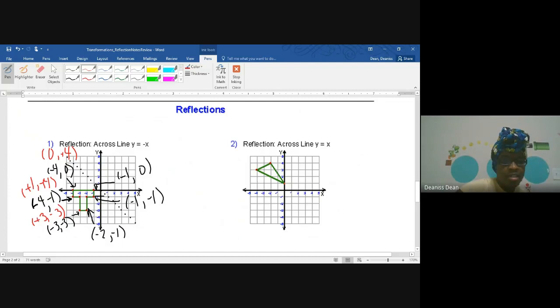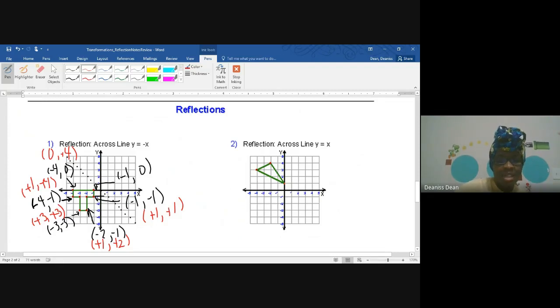Change the signs on both numbers so they both become positive. This one was -2, -1. So it flips to -1, -2. Change the sign so both of them are positive because they were both negative. This one, -1, -1, flips to -1, -1. And they both turn positive.